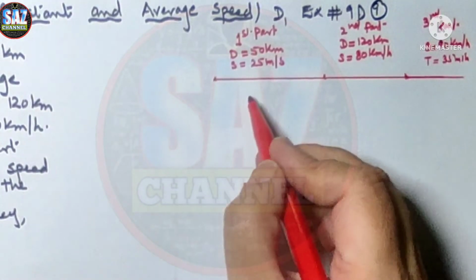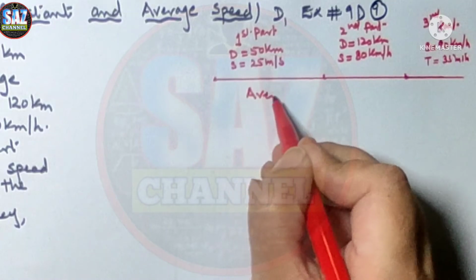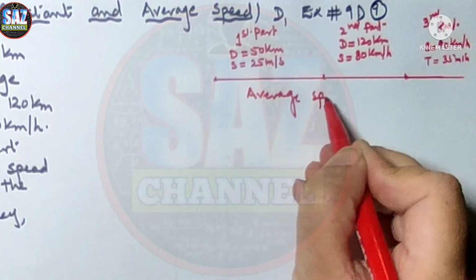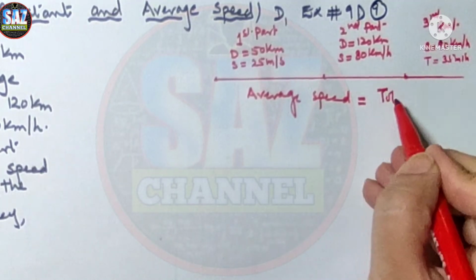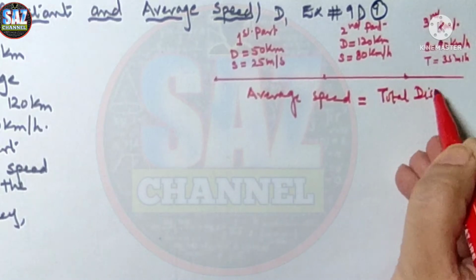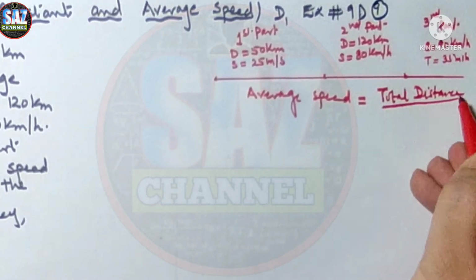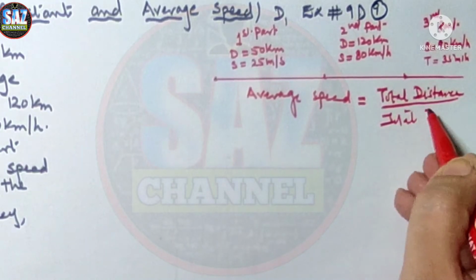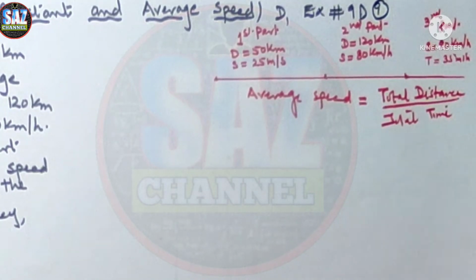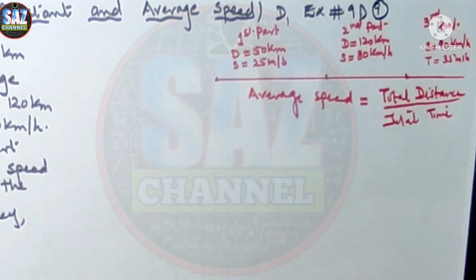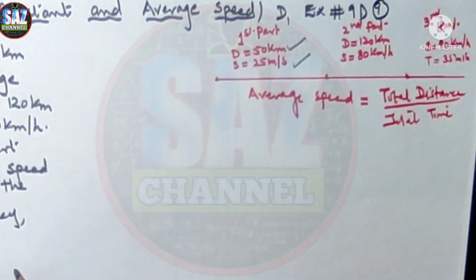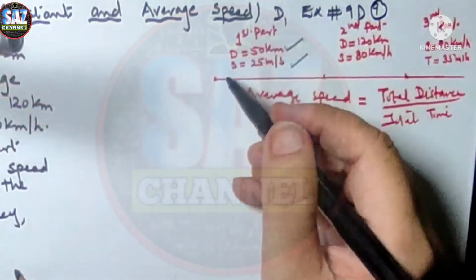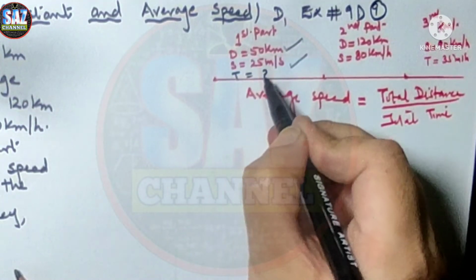Okay, formula for the average speed for the entire journey equals total distance traveled upon total time taken. In order to find the total distance, we can see that for the first part of the journey, the distance and the speed are given, but time is not given.